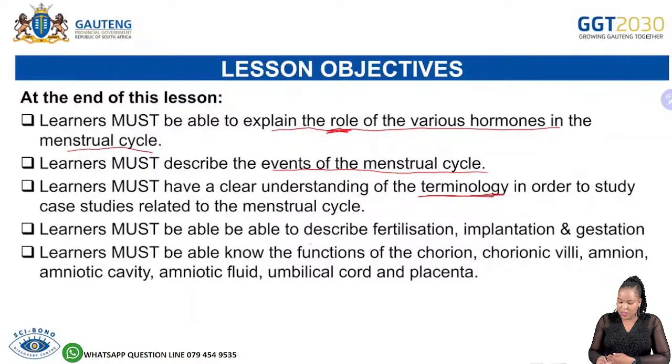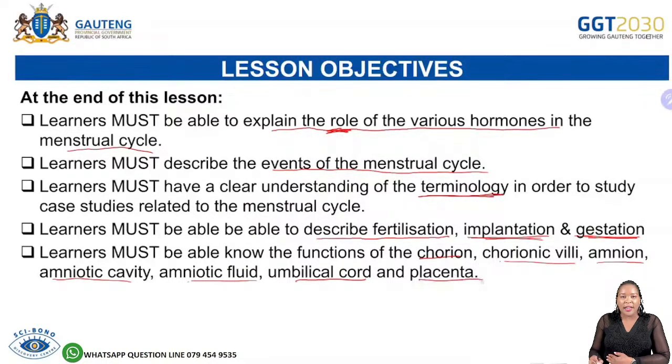Then you must be able to describe fertilization, implantation, and gestation. So what is happening in these processes that we've just mentioned. You must also be able to know the functions of the chorion, the chorionic villi, the amnion, the amniotic cavity, amniotic fluid, the umbilical cord, and the placenta.